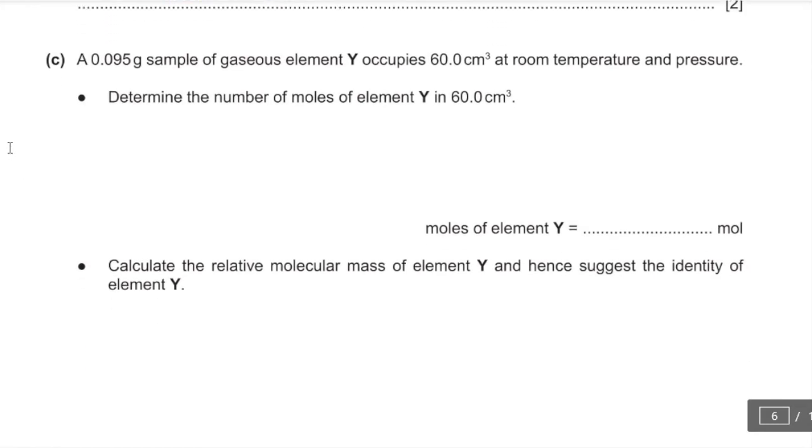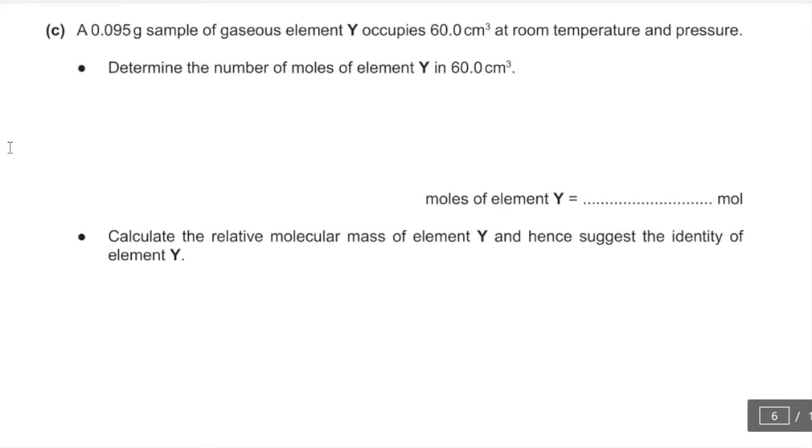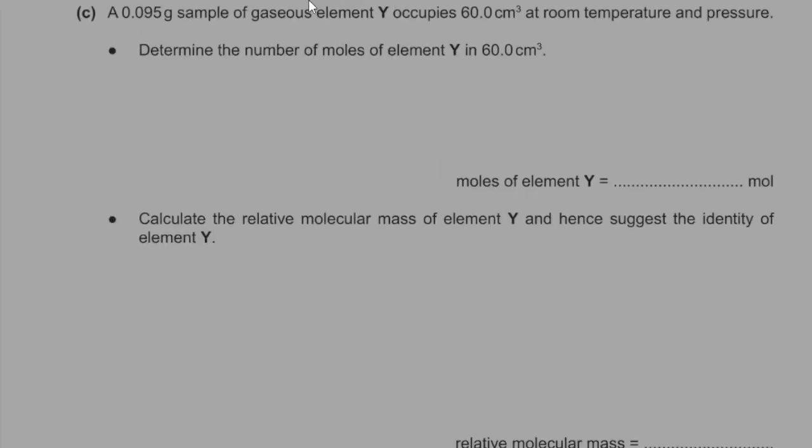A 0.095 grams sample of gaseous element Y occupies 60 centimeter cube at room temperature and pressure. Determine the number of moles of element Y in 60 centimeter cube. Right. So we have the volume of the gas, and to calculate the moles of a gas, we have the formula volume over molar volume.